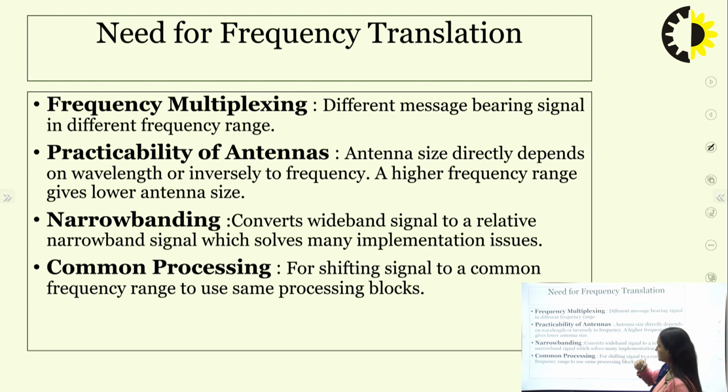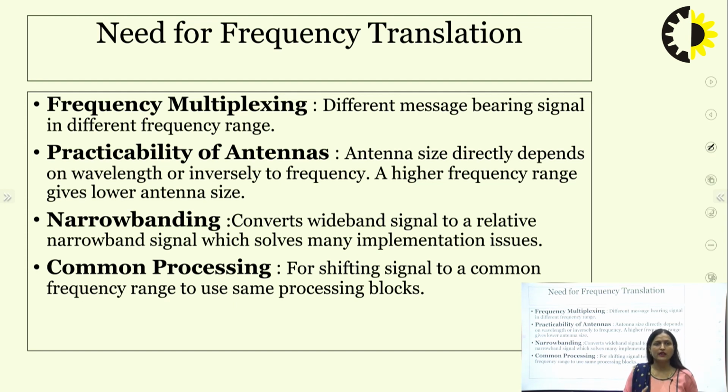So the first need is frequency multiplication. Frequency multiplication means if we want to transmit a number of signals which lie in the same spectral range, how can we transmit these signals? And we have only one communication channel, because a signal is transmitted by a channel. A channel is basically a medium through which we transmit information from one place to another.